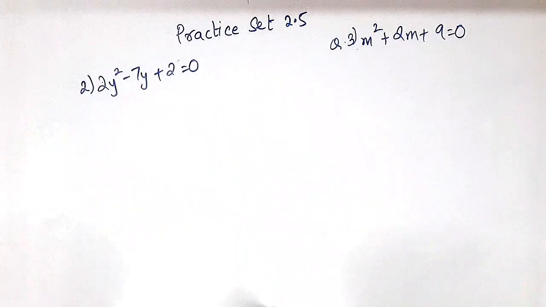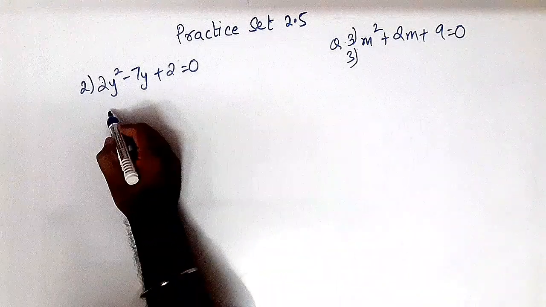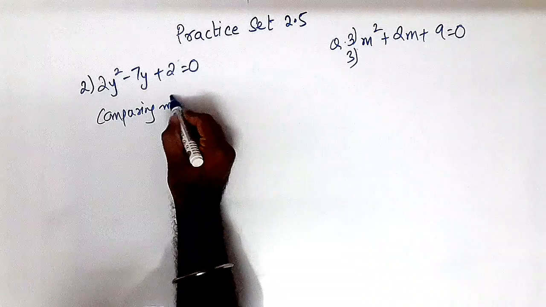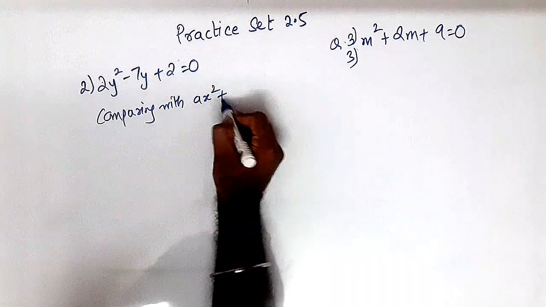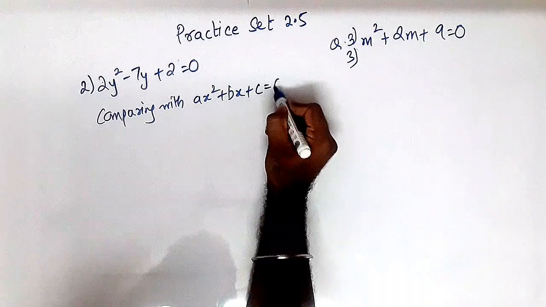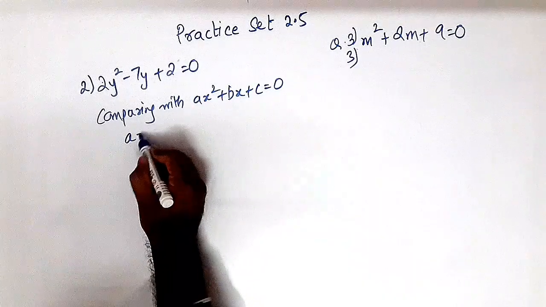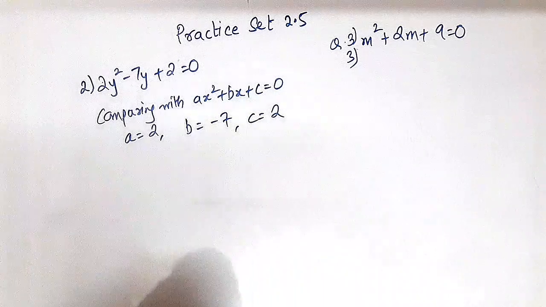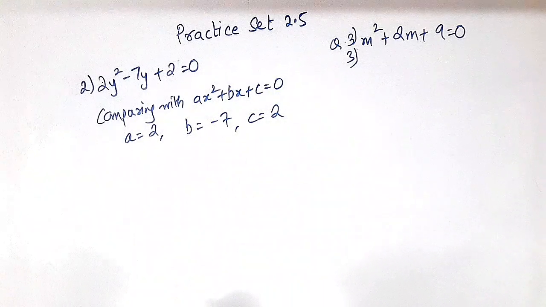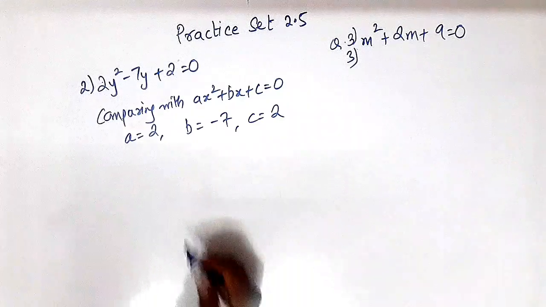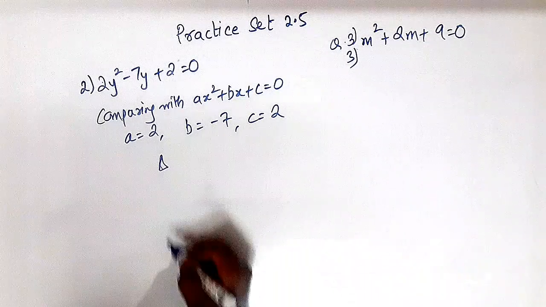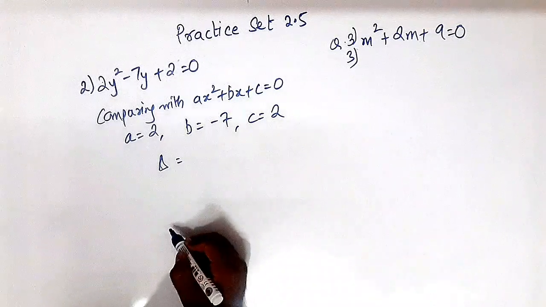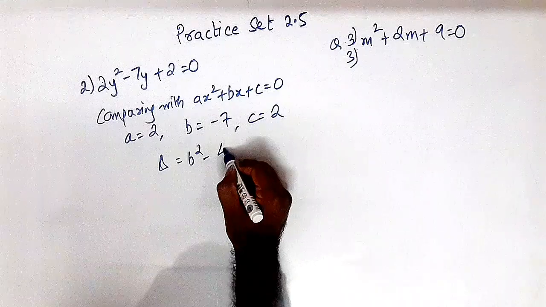Then we will come to the second one. Coming to second one of question 3, comparing with the standard form ax square plus bx plus c equals to 0, a equals to 2, b equals to minus 7, c equals to 2. Now here delta equals to b square minus 4ac.